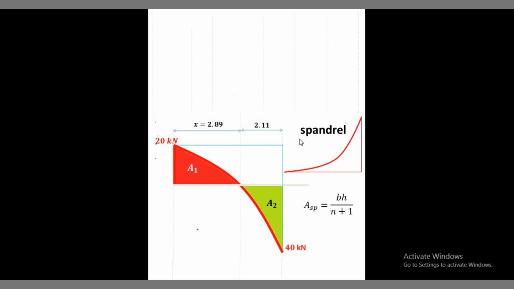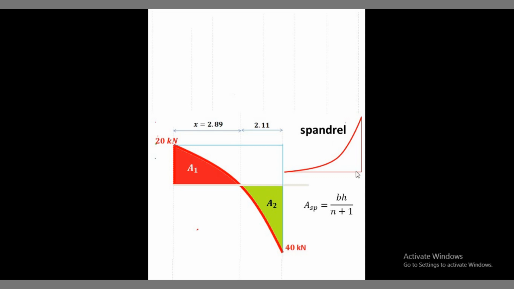May kausap pa ba ako? Yes, ma'am. Na-encounter niyo this spandrel? Or nalipatan niyo? Awan, ma'am.